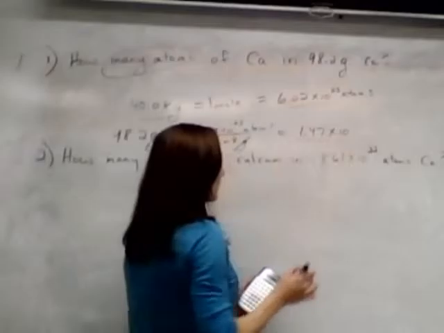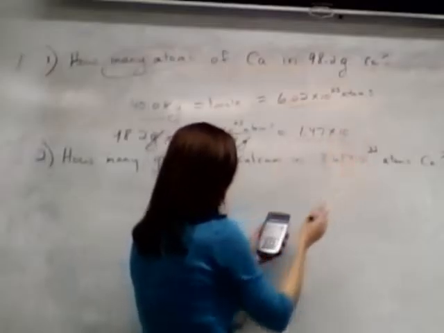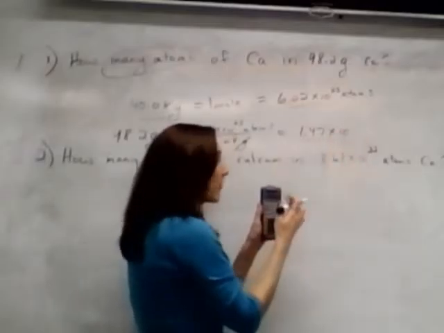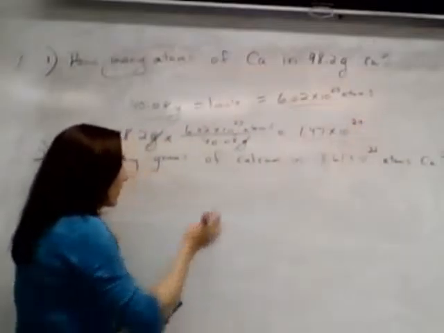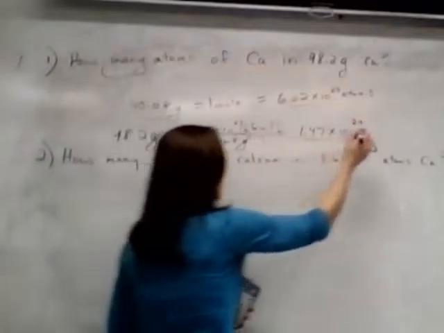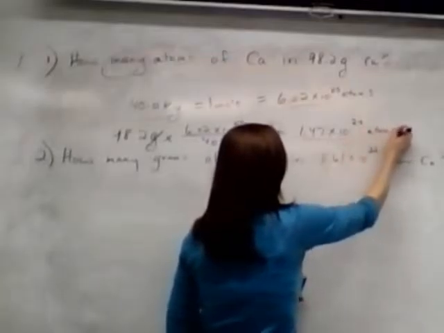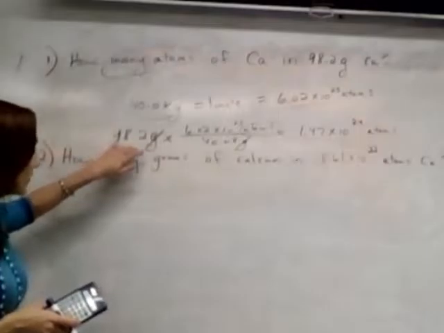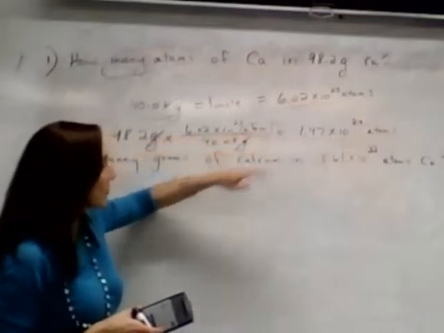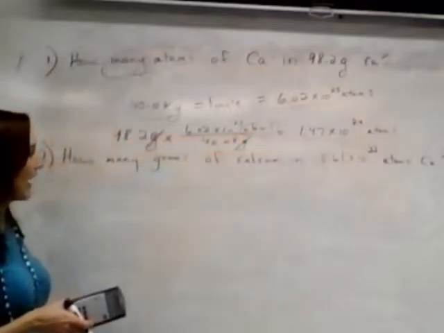Then don't forget the times 10 part, which is times 10 to the 24th. Every number has a unit, and that is atoms. So 98.2 grams of calcium contains 1.47 times 10 to the 24th atoms.